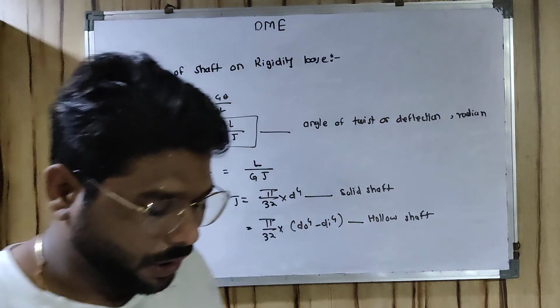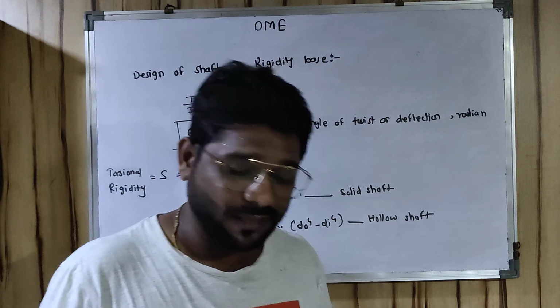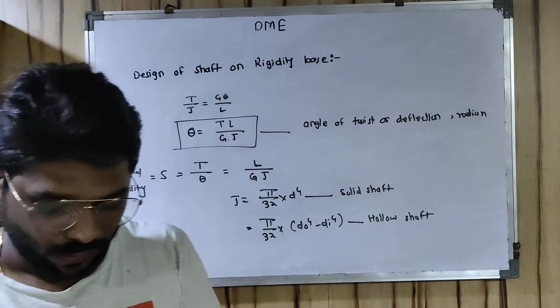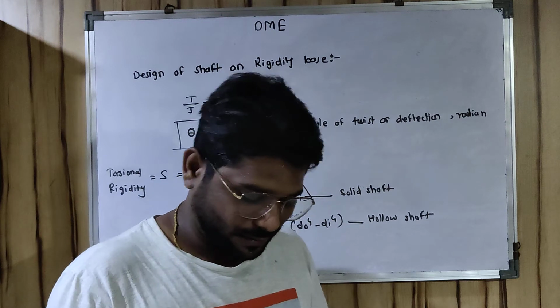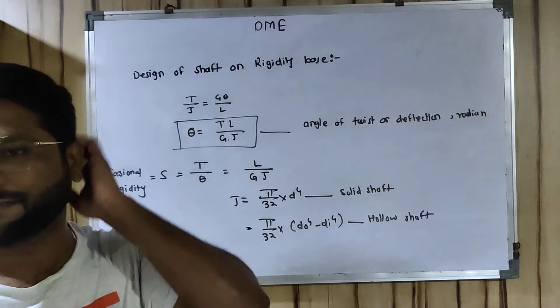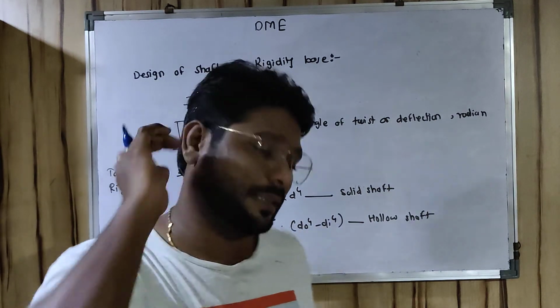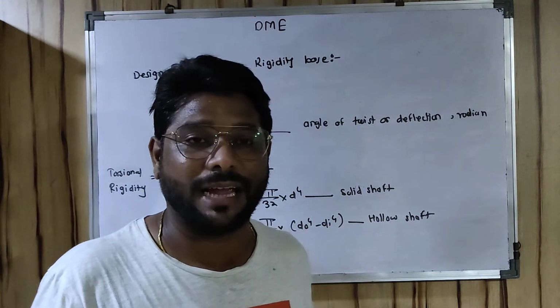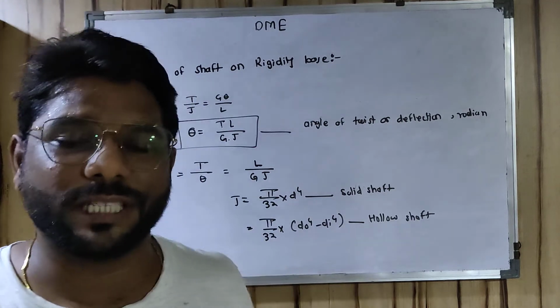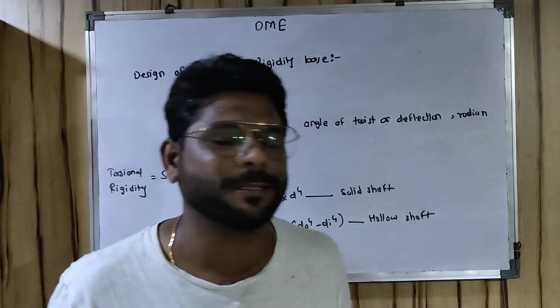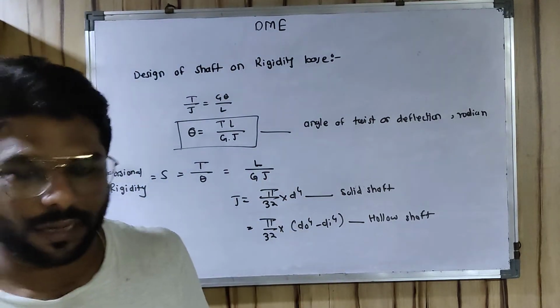And the second one is what? Hollow shaft has high torsional as well as lateral rigidity. Now, lateral rigidity can be calculated by deflection, EI d square y upon dx square. This is not in your syllabus right now. That is called the lateral rigidity.